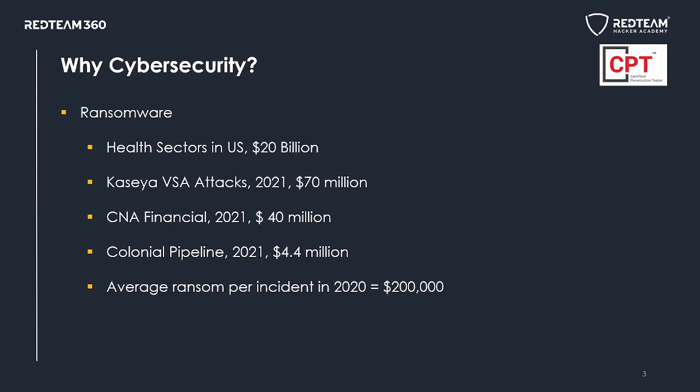Now, if you want to get back the data, you have to pay the attacker. So you can see the amount of money being paid: $70 million, $40 million, $30 million. These are the kind of sums being paid out by organizations to get back their data. So there is a need to protect against ransomware attacks, or any potential hacking attempts.